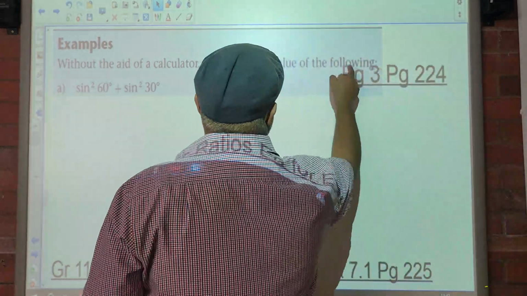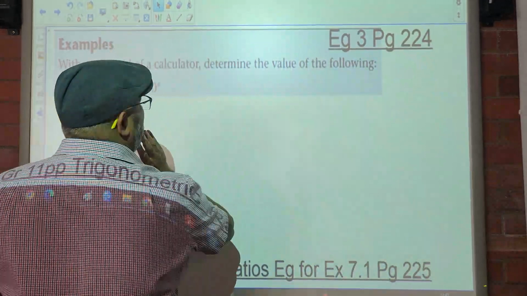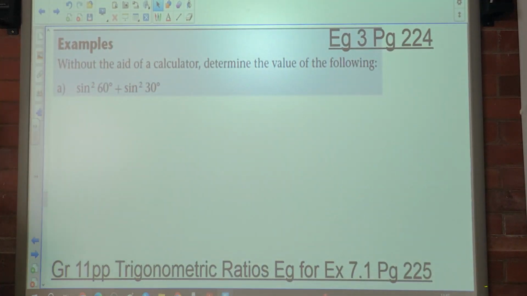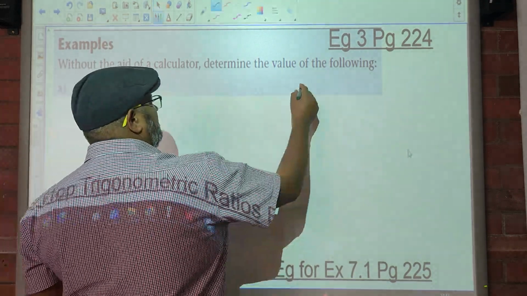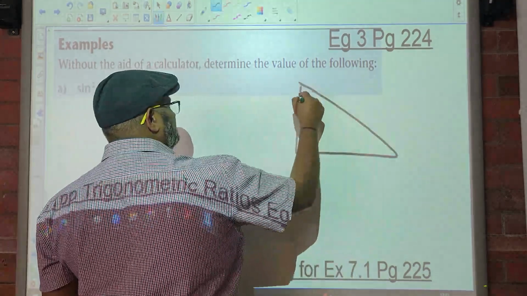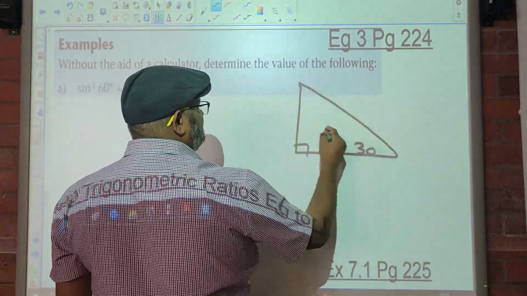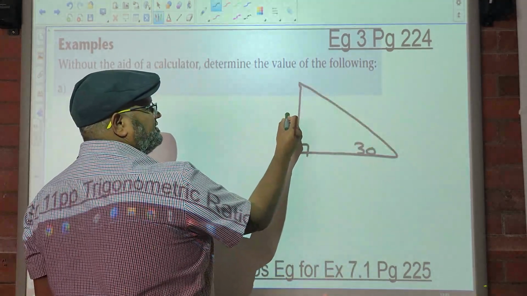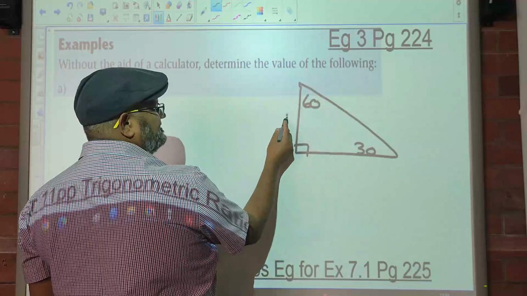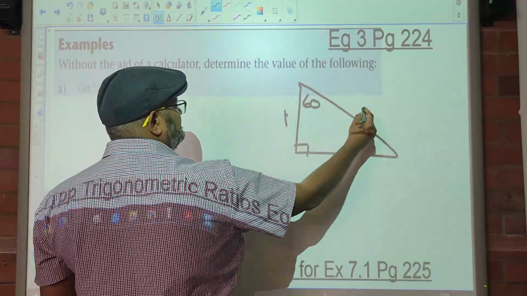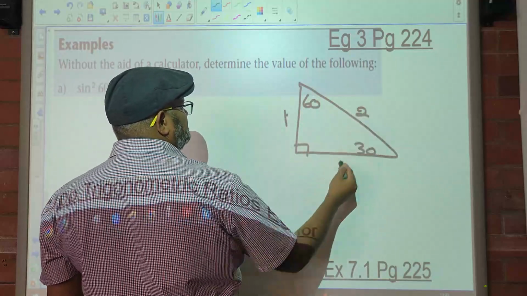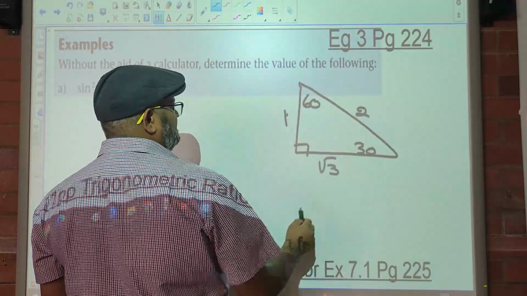Without the aid of a calculator, determine the value of the following. But remember, last year when we did the special angles, we drew the following. This is 30, this is, what's this length? 60, yes, but the length 1, 2, root 3.